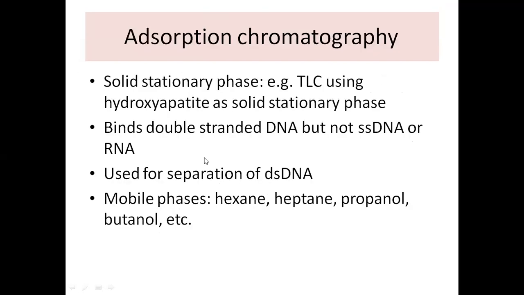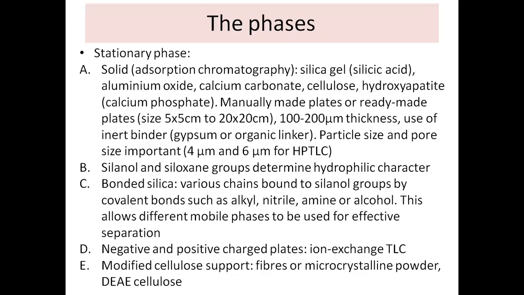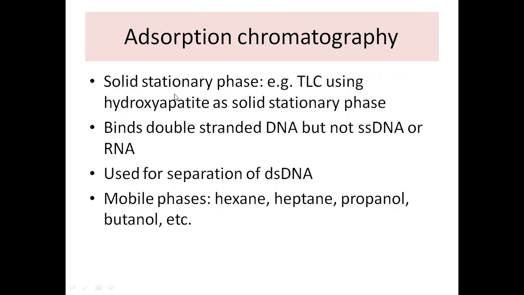Okay, then there is one form of TLC which is called adsorption chromatography, and here we can use, for example, hydroxyapatite, that is calcium carbonate. Okay, is that correct? Yeah, calcium phosphate, sorry. Okay, so calcium phosphate is called hydroxyapatite. We can use that material as a stationary phase, and that is especially useful when we want to allow the binding of double stranded DNA.